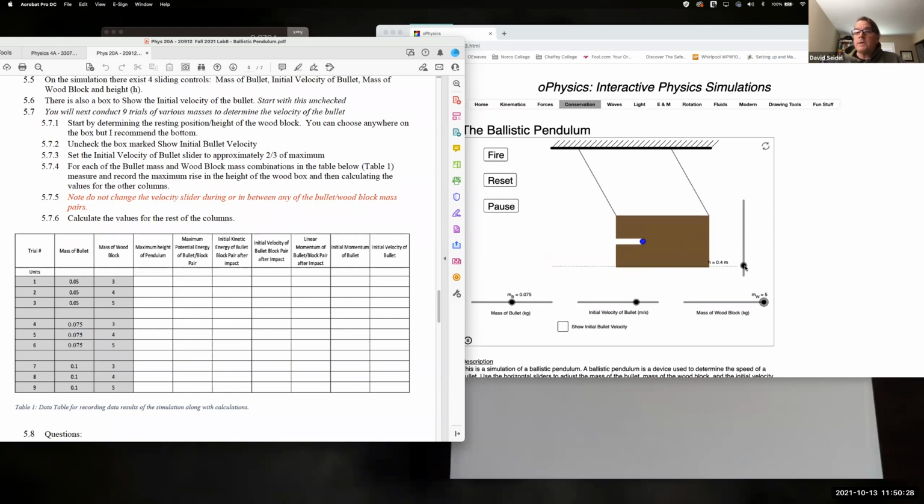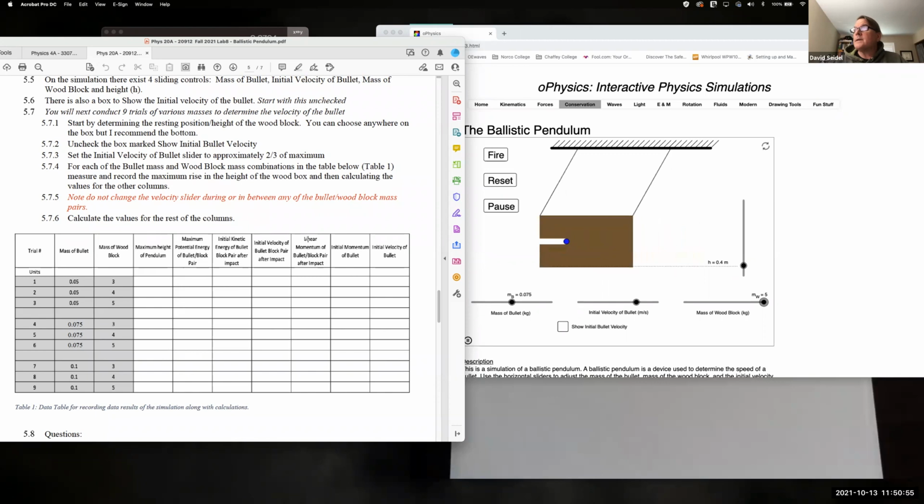Okay, I want you guys to think about how you would do these in real life. Very hard to write up a lab that can actually judge how well you're doing that. But I want you to think about these things. If I've got to do this measurement in the lab, I've got to measure the height. I've got to measure the mass of the bullet, and I have to measure the mass of the block.